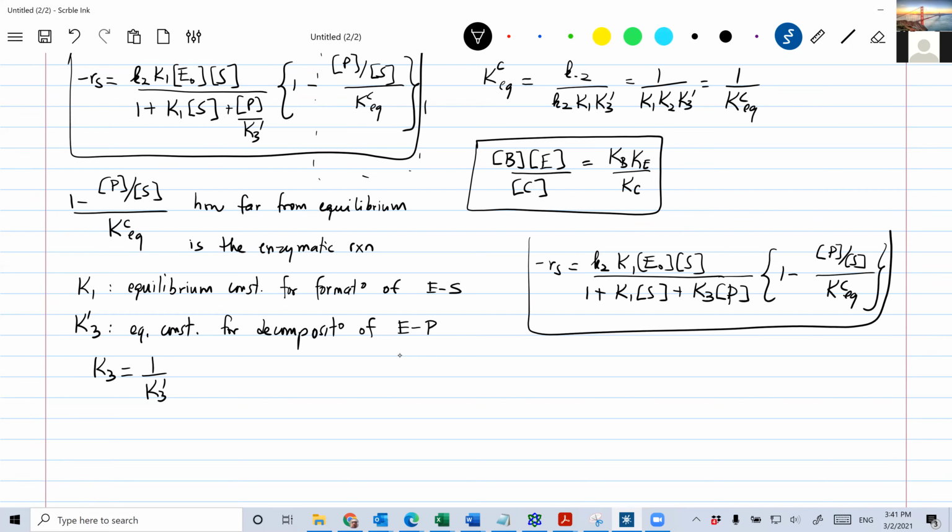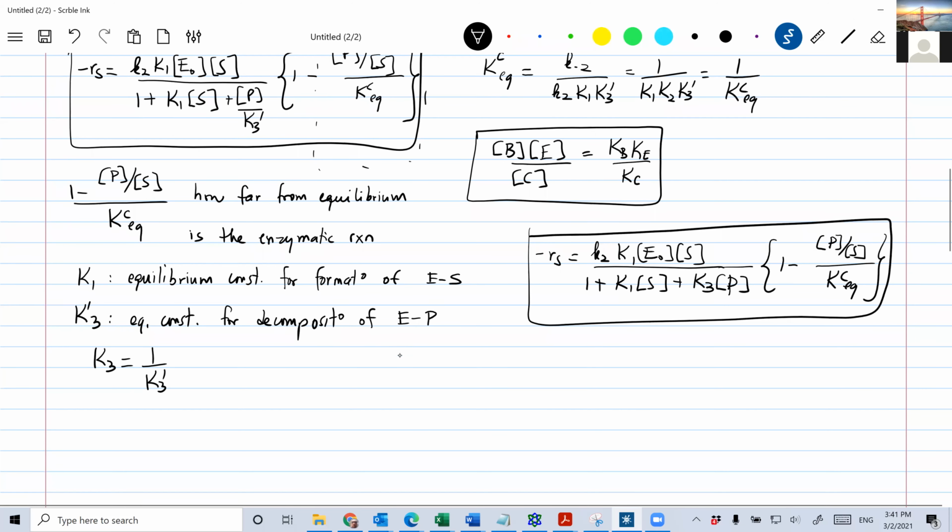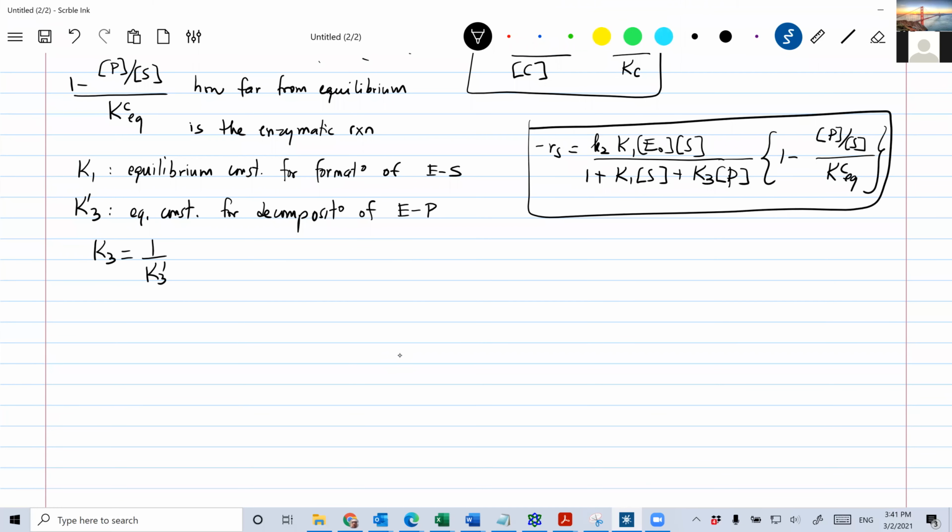So if we take this form, how do we simplify it? We're going to start simplifying this form to get to something that we most often use. So suppose that the dissociation of the enzyme product complex is irreversible.